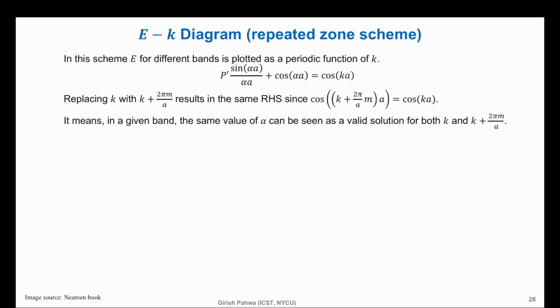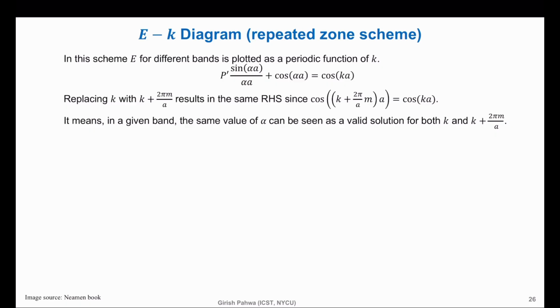What's the period? 2 pi by a. The period or a multiple of the period gives me the same value. Okay, alpha is a function of k, and it's a periodic function of k.